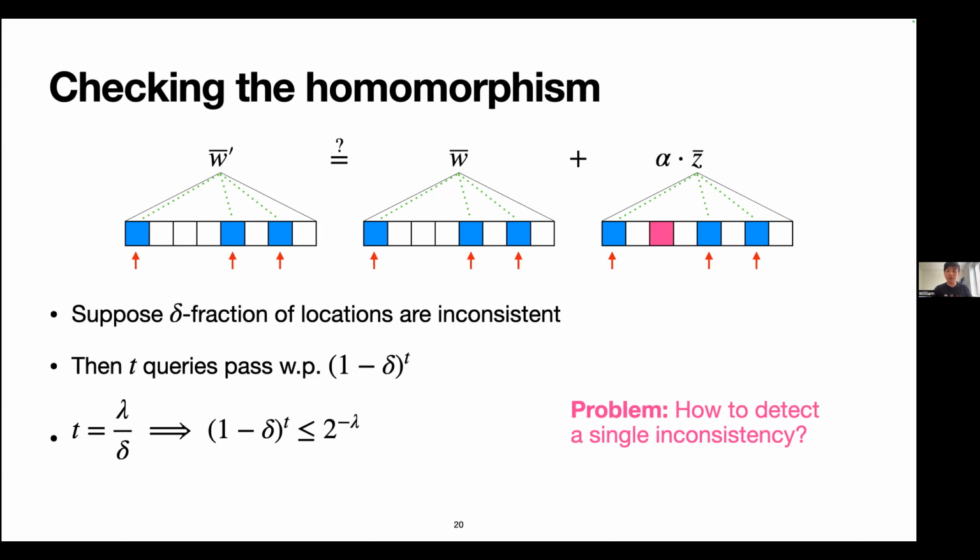There's a problem though, which is: how do you detect a single inconsistency? You can imagine there exists some invalid proof which only differs from a valid proof at a single location. From the verifier's point of view, the only way they can distinguish these two cases is if it actually queries this location where they're inconsistent. But if only 1 out of n of the locations are inconsistent, then you effectively would need to query every single location in the vectors in order to check this.